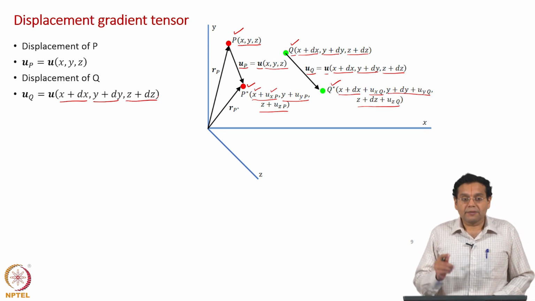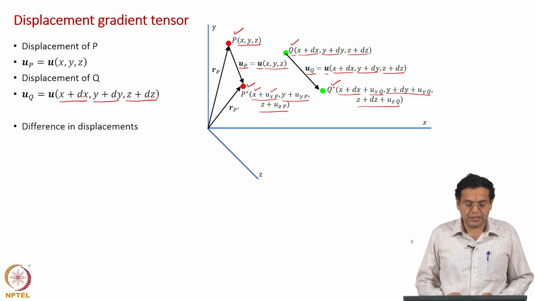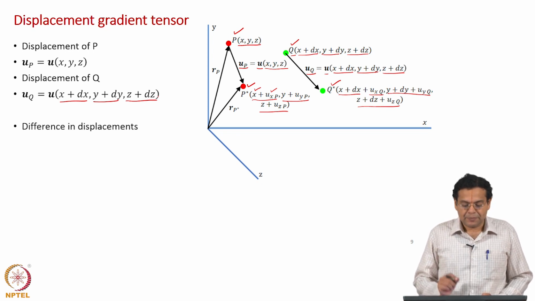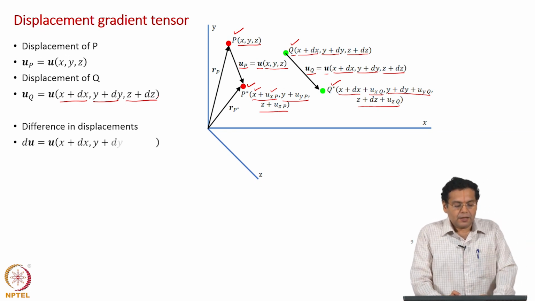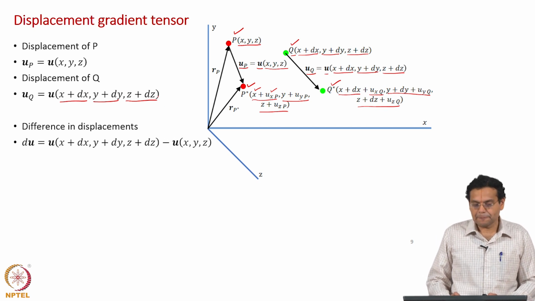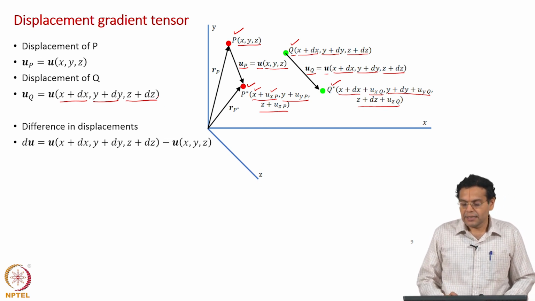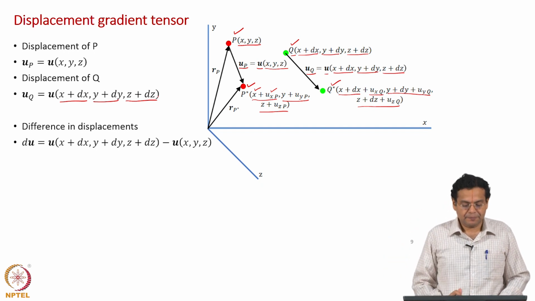We said that we look at the difference in displacement. Let us write the expression for the difference in displacements. As I told you, the reason is it takes care of translation, translation gets eliminated. Now, how do you represent the difference in displacement? It is d of the u vector. In our case, the displacement of Q minus the displacement of P.